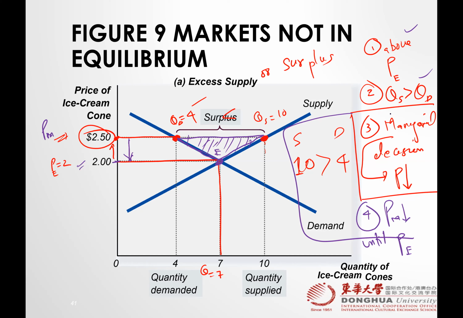And what will happen when surplus occurs? The price starts decreasing until it reaches the equilibrium price, right? And the surplus on a graph is the area above the equilibrium.